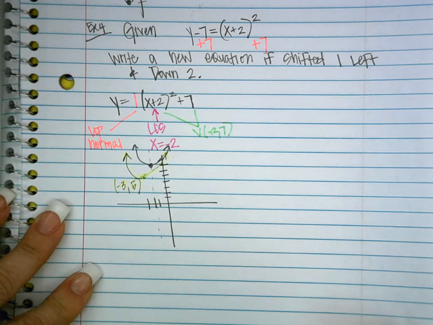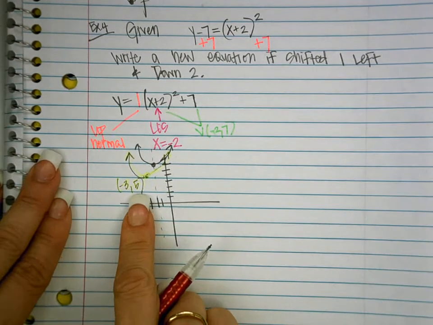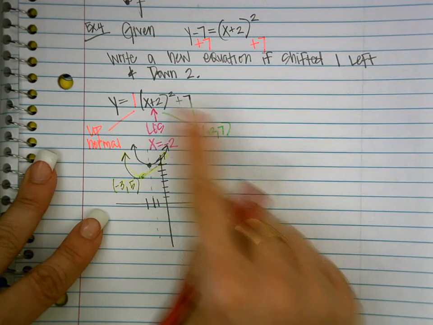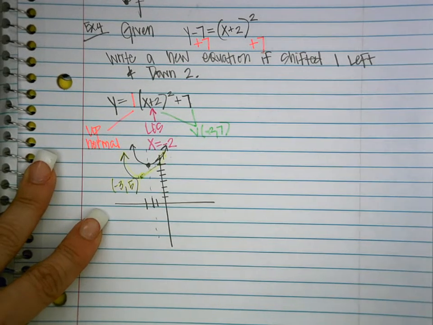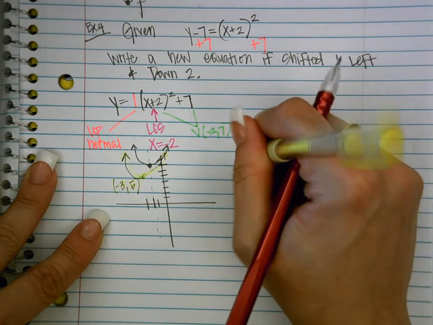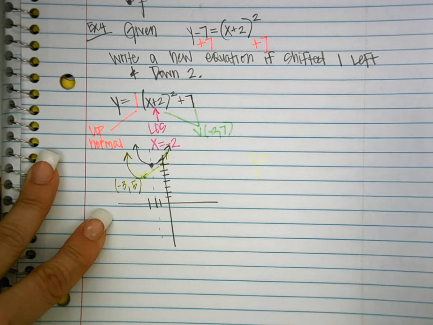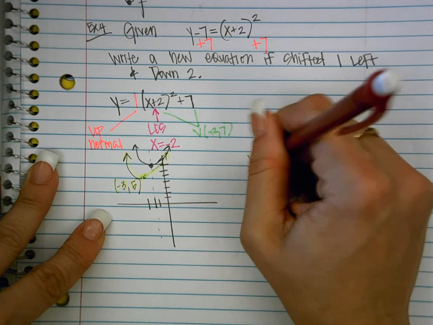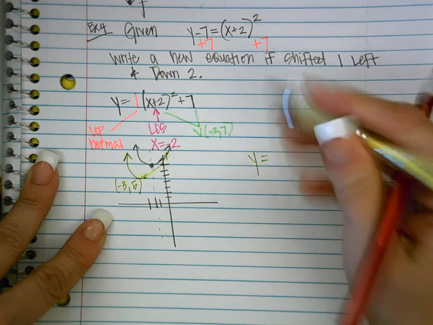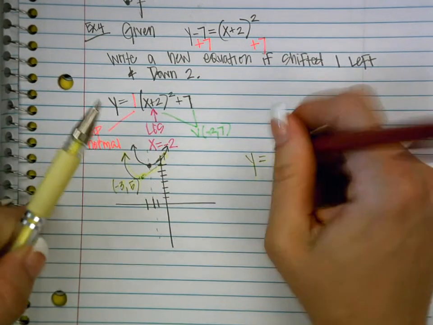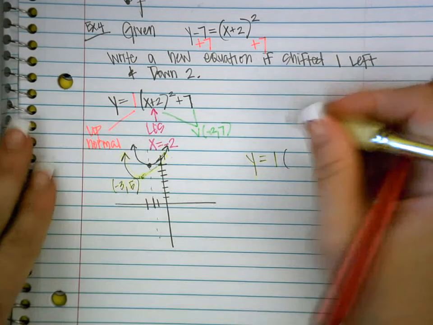So really all I have to do here is change from this equation, I'm just gonna change the vertex. So if you rewrite this equation, it's still gonna be a y equals, what's the width? How wide is it gonna be out front? A 1, okay, you don't even have to really write that. What do you know about what goes inside the parentheses?